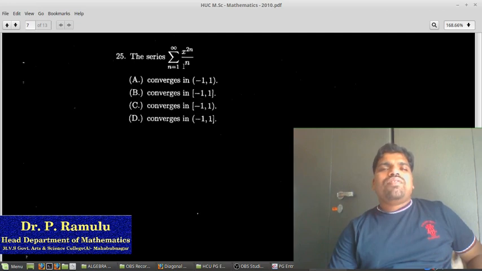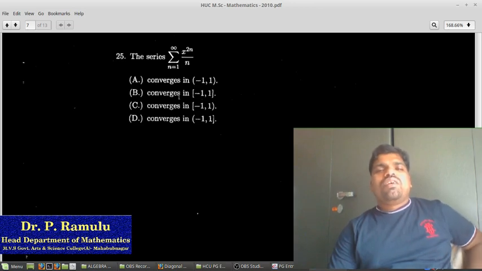The series summation n equal to 1 to infinity x to the power of 2n by n converges in minus 1 comma 1, right? You can do that. It is of the form summation an equal to x to the power of 2n by n, an plus 1 equal to x to the power of 2n plus 2 by n plus 1. So an plus 1 by an equal to what happens? x to the power of 2n plus 2 by n plus 1 into n by x to the power of 2n.